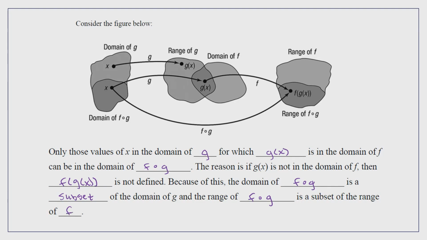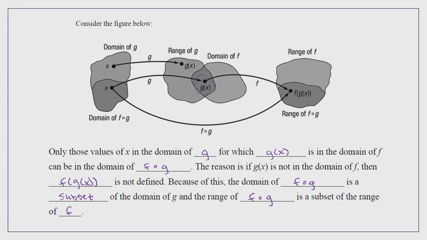Okay? So only the values of x in the domain of g for which g of x is in the domain of f can be in the domain of f composed with g. So that's this intersection right here.